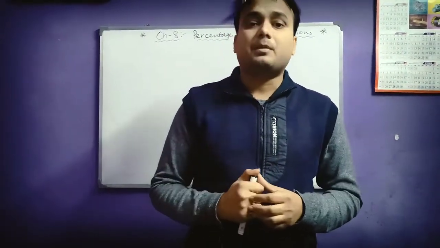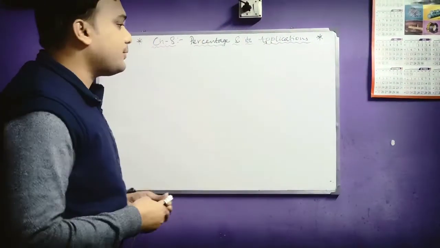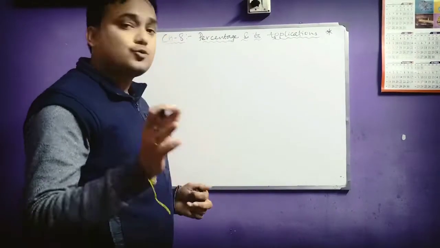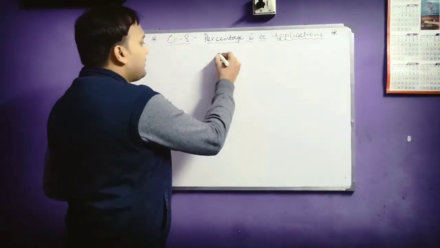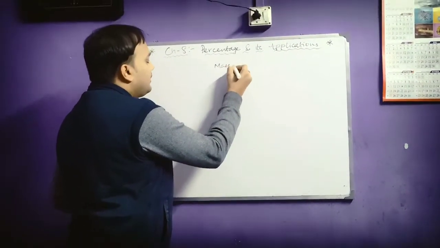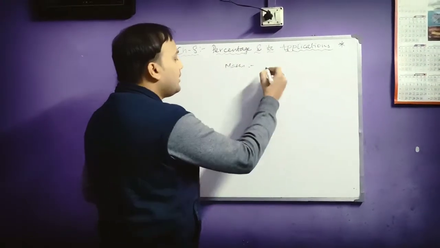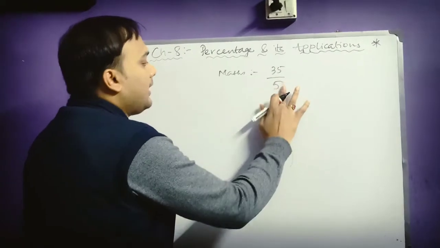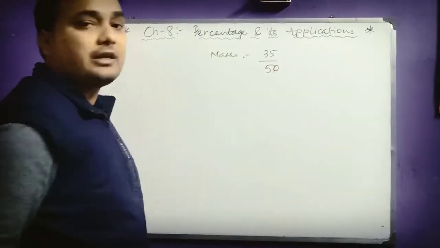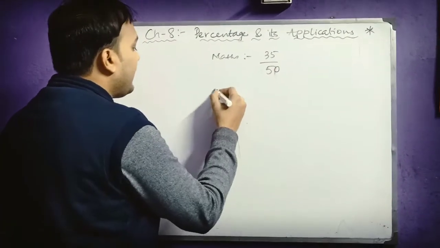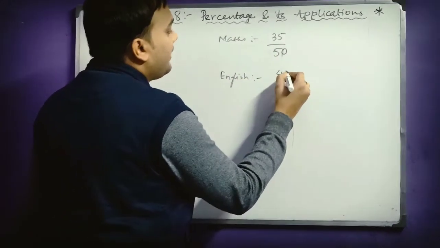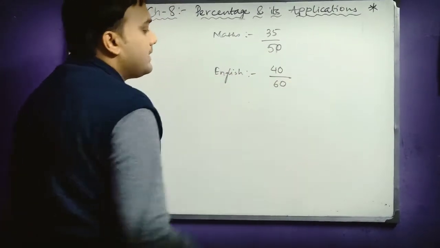For example, I am giving you one example. Suppose two class tests were taken in two different subjects. Suppose in mathematics a student scored 35 out of 50, and in English the student scored, suppose, 40 out of 60.